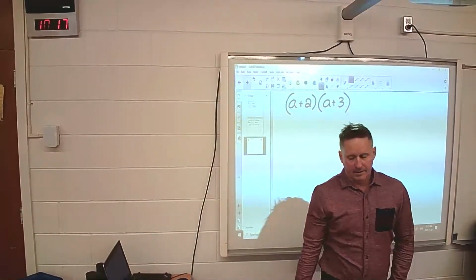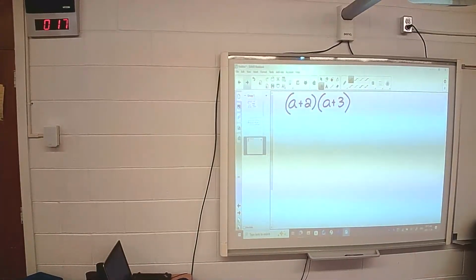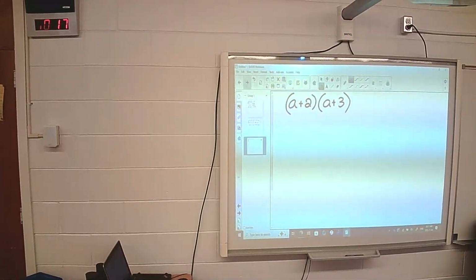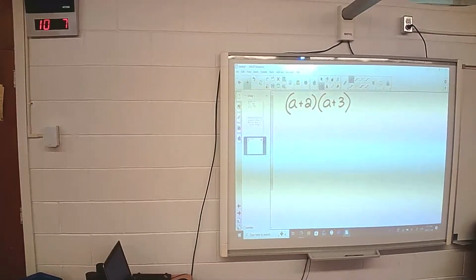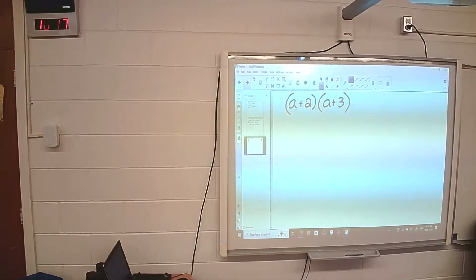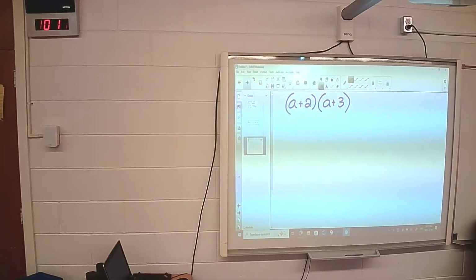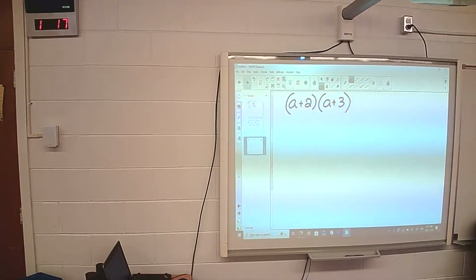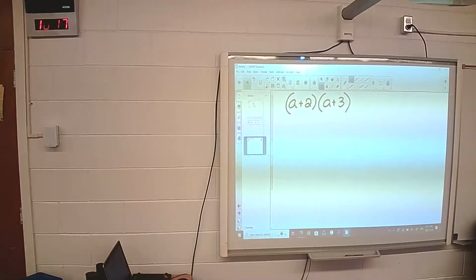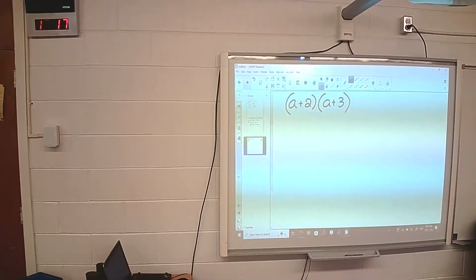There are two ways in which we can set this question up, actually three. I am going to show you the two longer ways first, and then I'm going to show you the way that is simplest when it's a binomial by a binomial. The first way to do this is to distribute each of the first bracket through the second bracket separately.